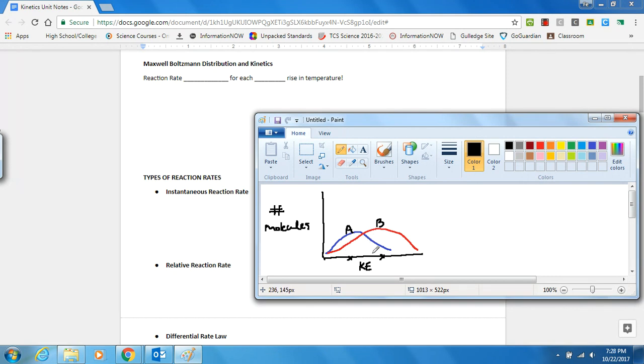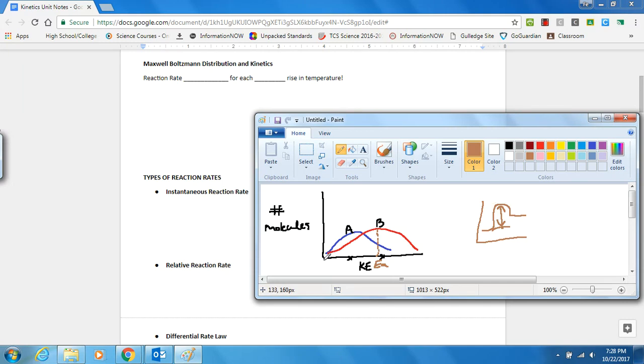Now, how does that correlate with kinetics? Well, we have a threshold here of the energy that must be overcome to reach our activation energy. That's what we saw in our little graph, where this would be our activation energy from our reactants to our peak, our transition state.